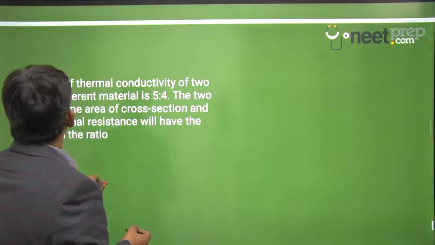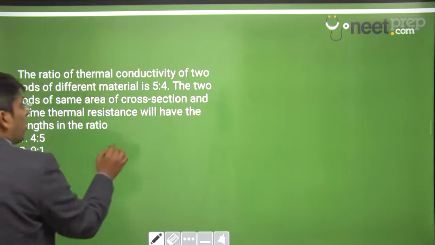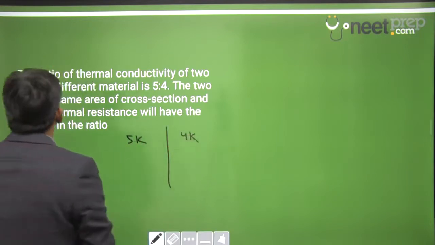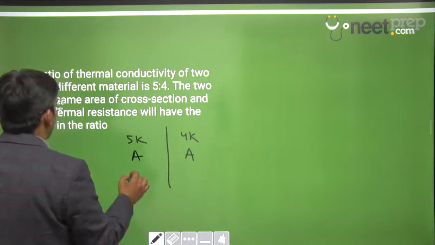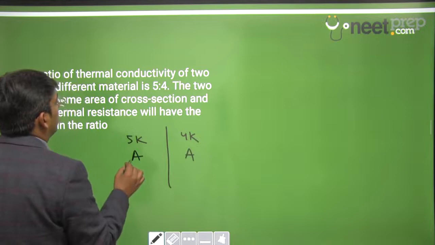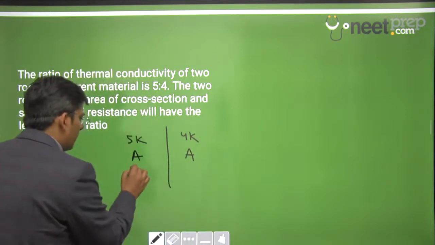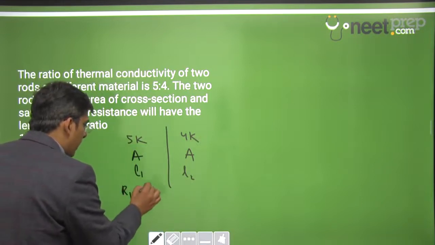The ratio of the thermal conductivity of two rods of different materials is 5:4. So one rod has conductivity 5K and the other rod has conductivity 4K. The two have the same cross-section area and the same thermal resistance. See, this length is L1, this length is L2. Resistance is going to be L by K into area.